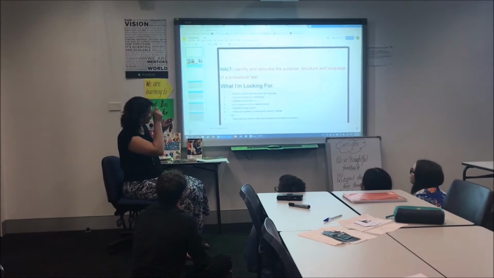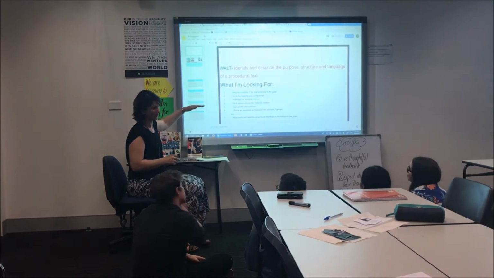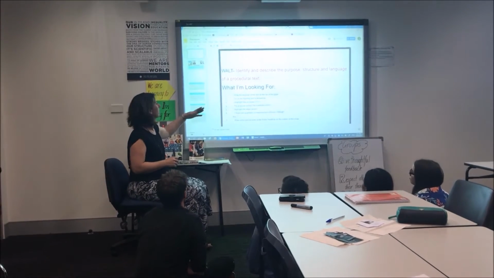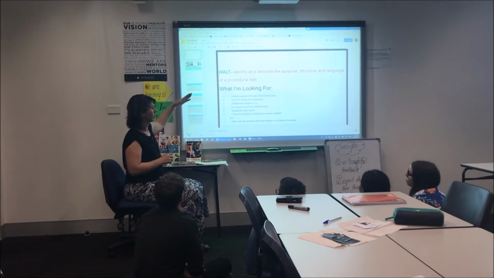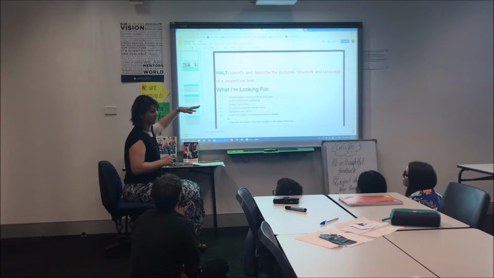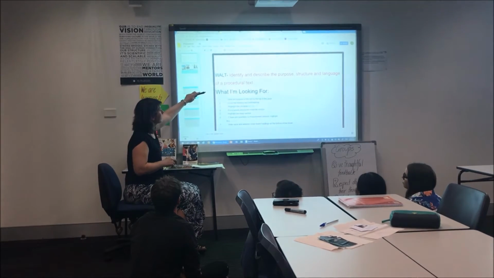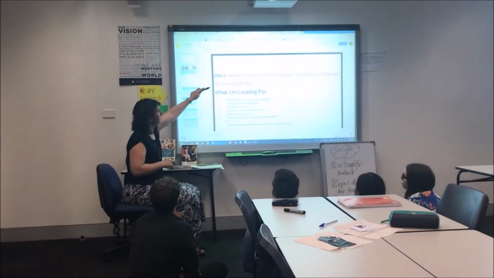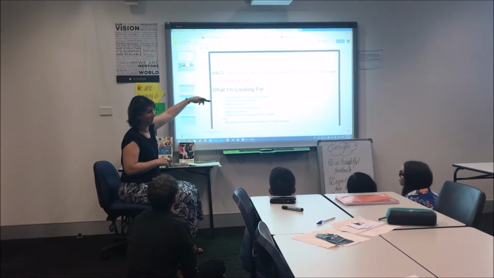Okay, so today we're going to learn exactly what makes a really good procedural text and all the parts that we need in it so that someone else could follow the directions that you are writing. So we're not going to write that today. We'll do that next lesson. So today we're going to look at all the elements. We're going to identify and describe the purpose, the reason for the text.